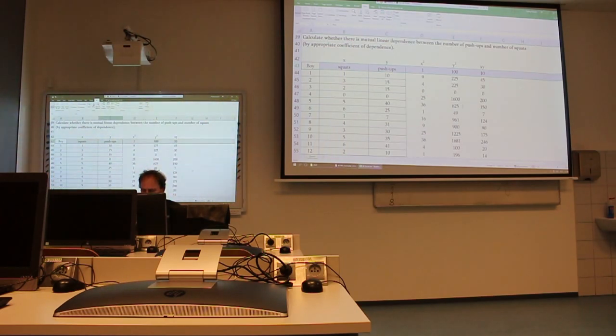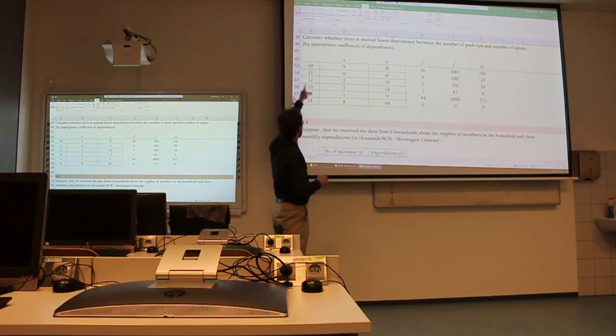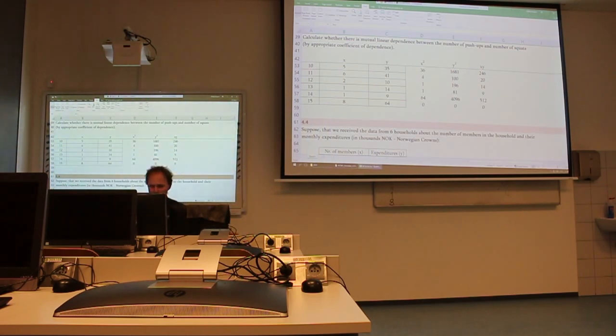And now means. I will use view, freeze panes. You can see there is row 42 with labels. Here labels and means. Here I will calculate means. Equal sign, average. Average returns the mean of its arguments.